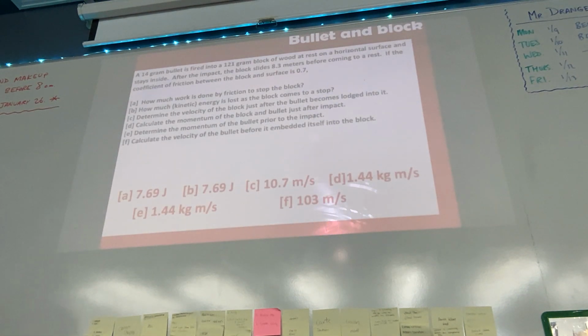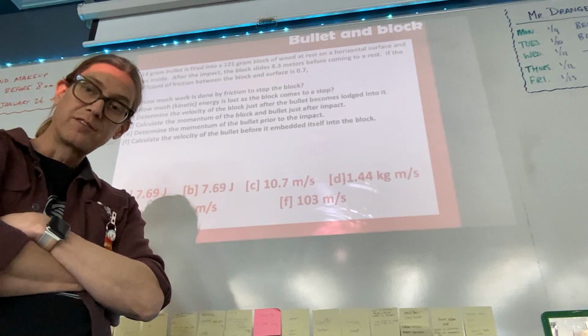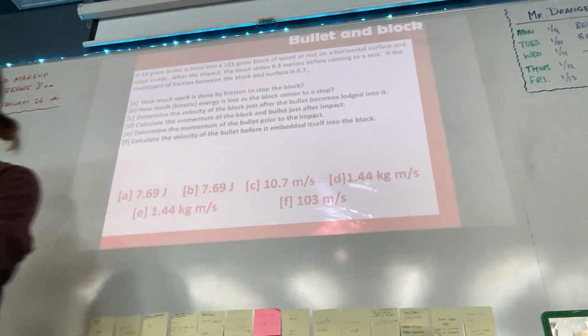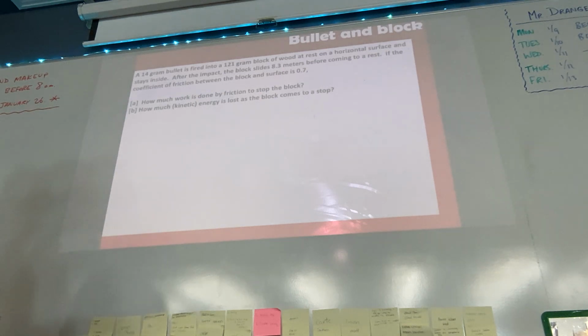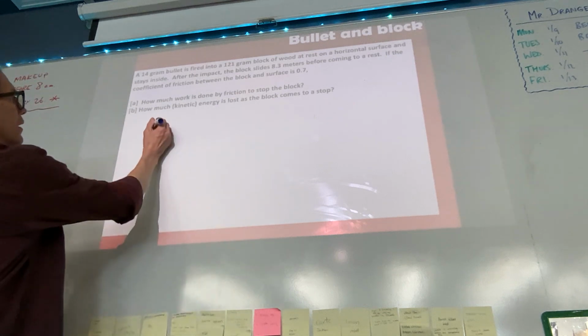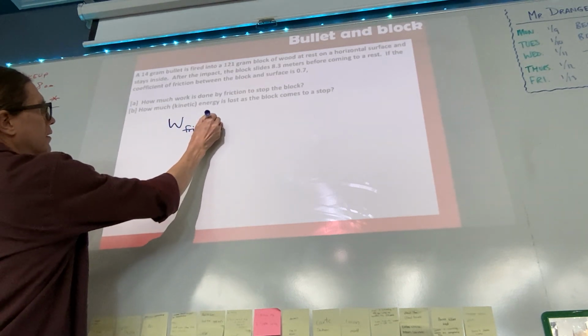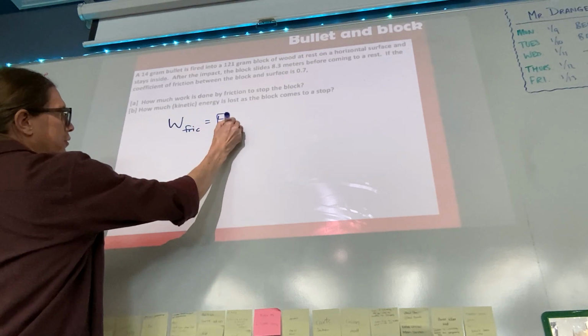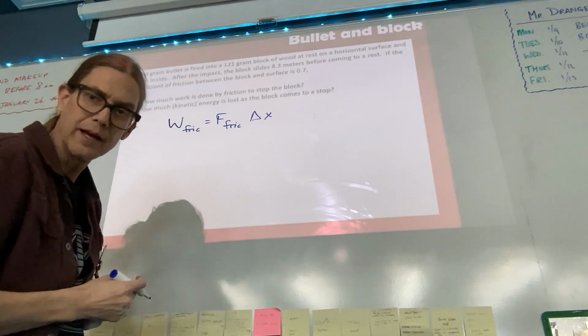All right, there are the answers to each of these steps. Let's work through them. So, how much work is done by friction? Well, work is the force of friction multiplied by how far it slides.